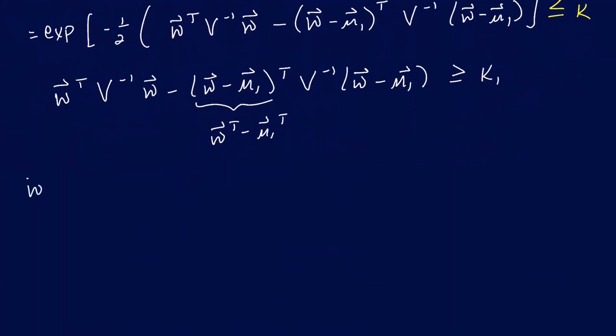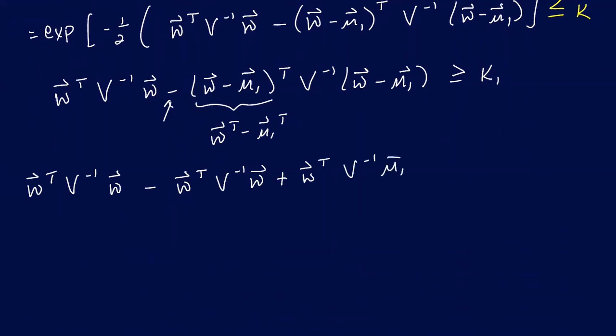So I've got the W transpose V inverse W minus W transpose V inverse W, and that came from this transposed and this and this, and then plus, so I've got this negative out here that I'm dealing with as well, plus W transpose V inverse mu1 plus mu1 transpose V inverse W minus mu1 transpose V inverse mu1.